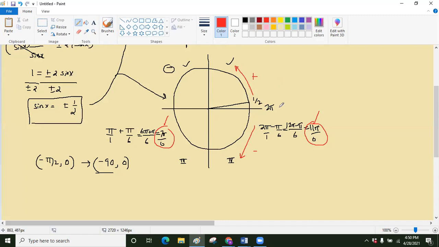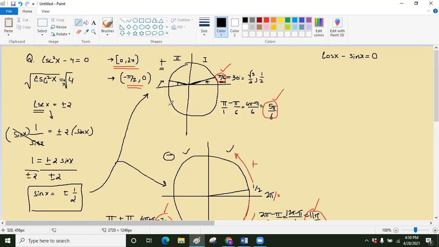If we start here at 0 radians, which is the same thing as 2 pi, and travel 90 degrees clockwise, then we would actually be traveling negative 90 degrees. So let's look at this graphically.